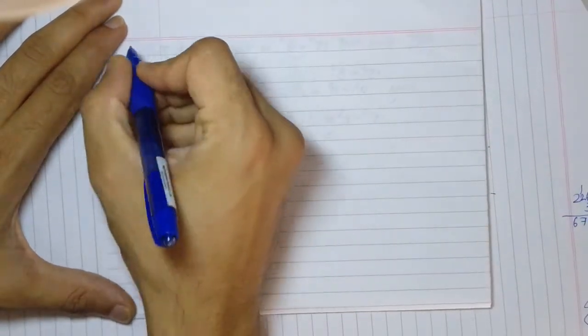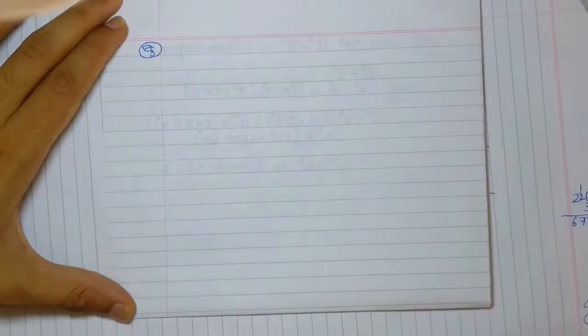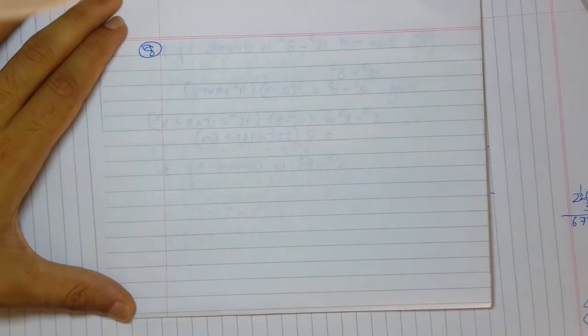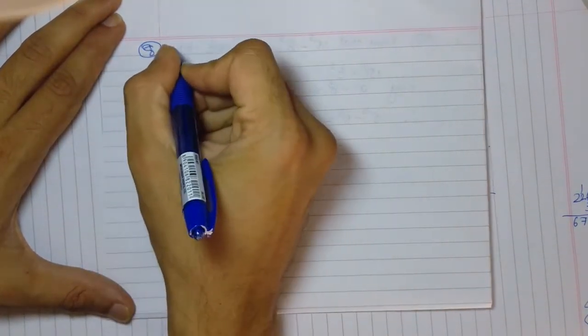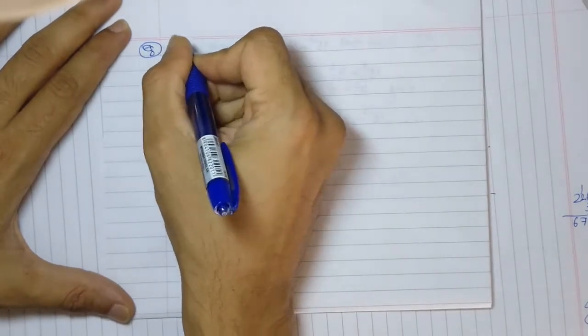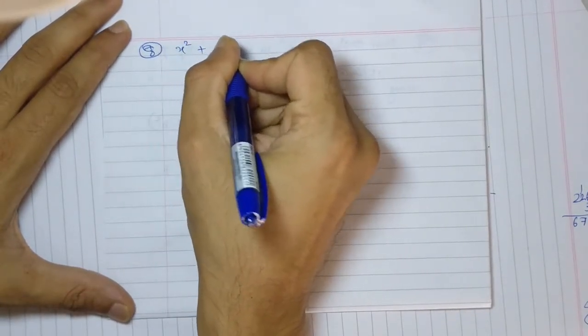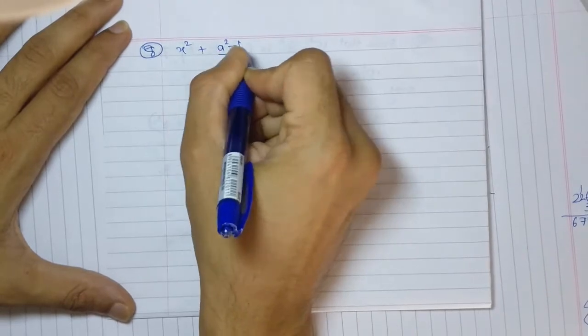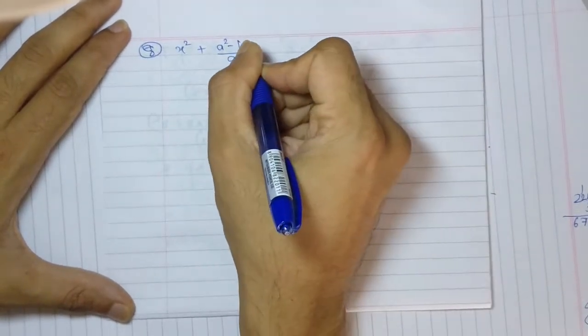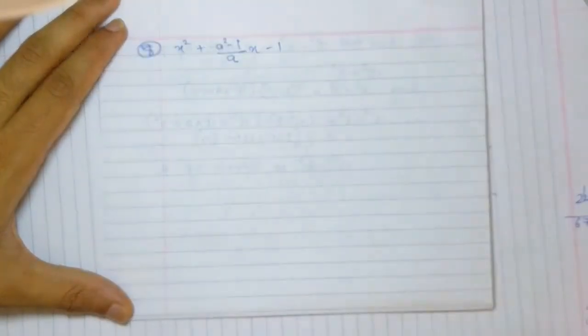The first question. Now, whatever identities we have studied till now, you have to apply all or any of them. Okay, so the first question will be x square plus a square minus 1 the whole upon a into x minus 1.